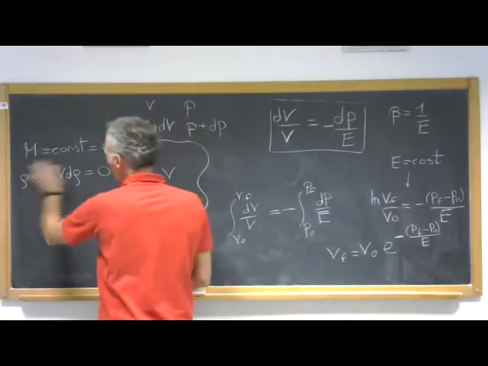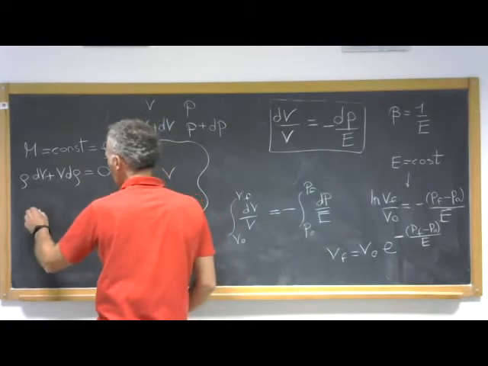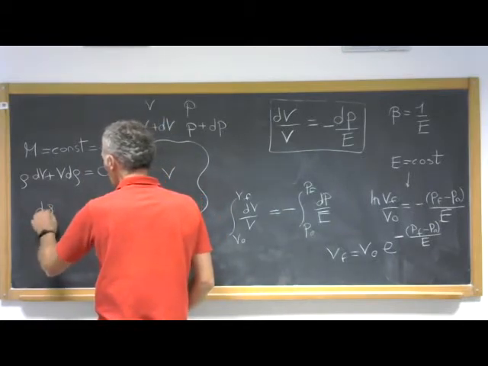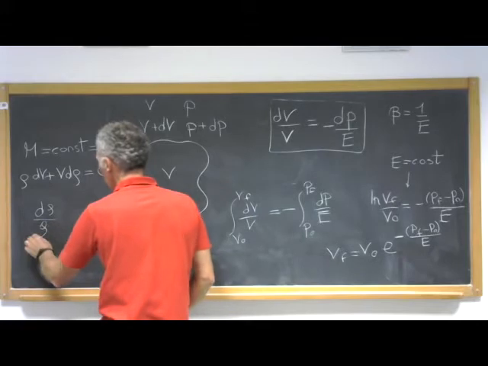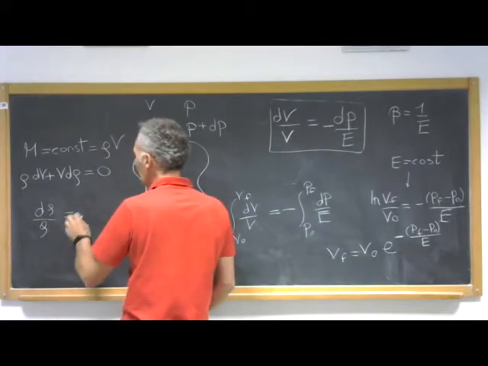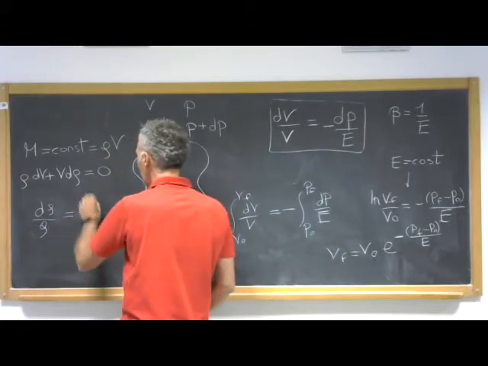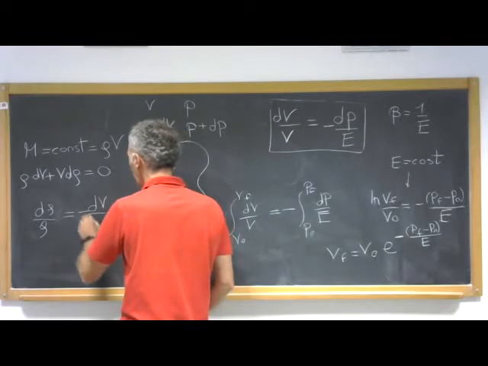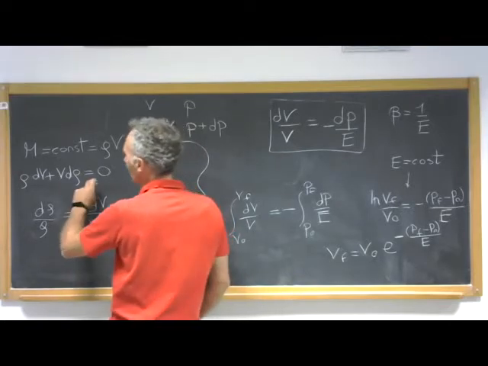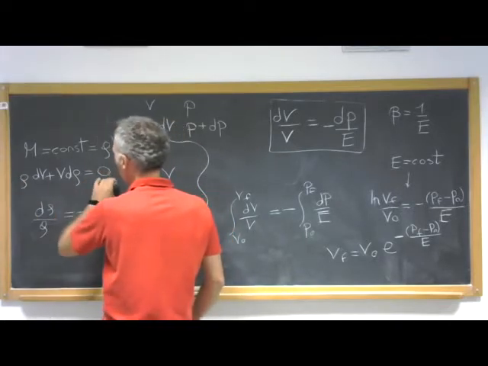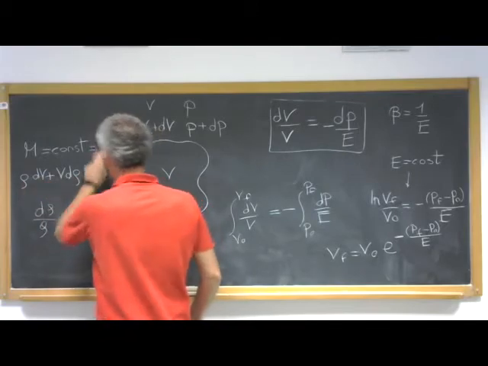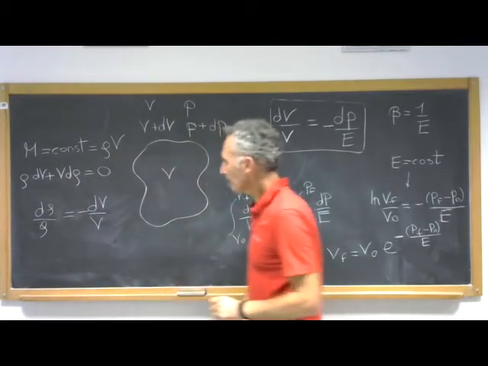And this quantity I can rearrange in this way: d rho by rho is equal to minus dV by V. It is very easy. It is enough to divide left and right hand side by rho V.